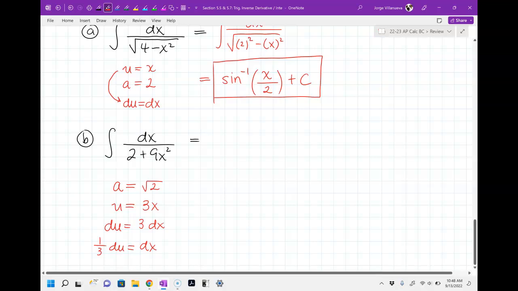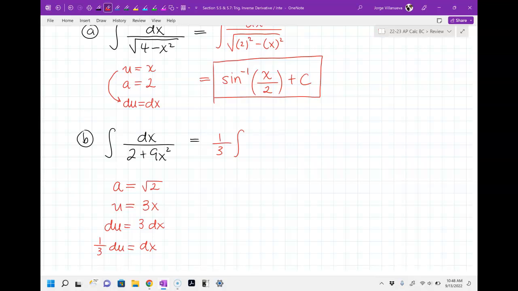So let me go ahead and start substituting back in 1/3 integral. Okay, and then right here, I'm going to start rewriting. The 2 is going to become my radical 2 squared, right? Plus 3x squared.